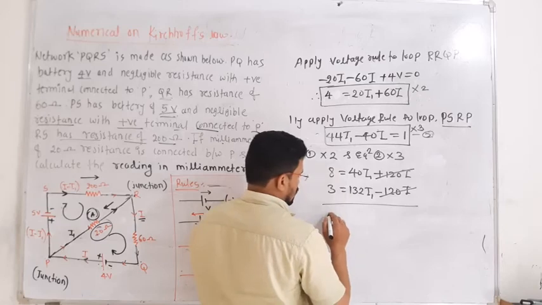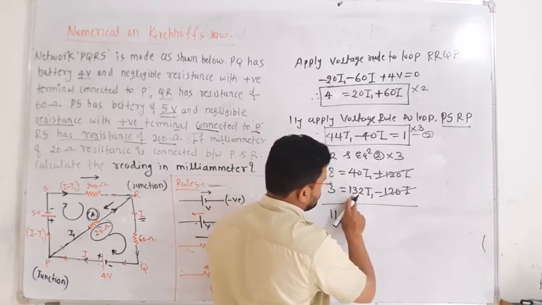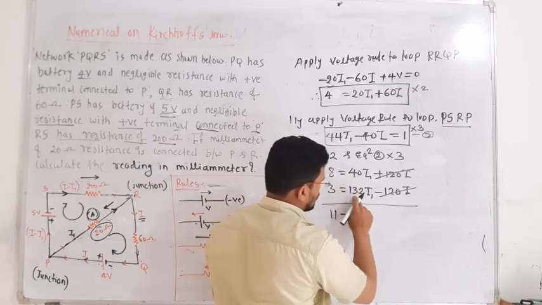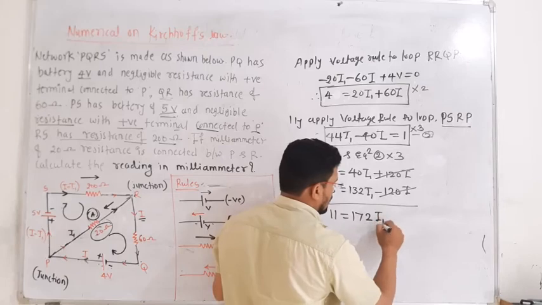8 and 3 becomes 11 is equal to 132 and 40, it becomes 172I1.